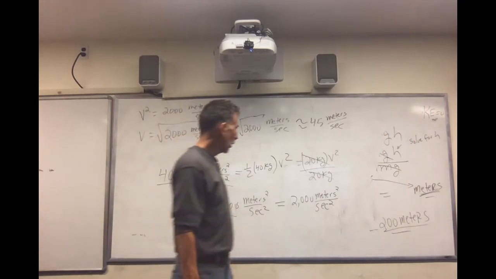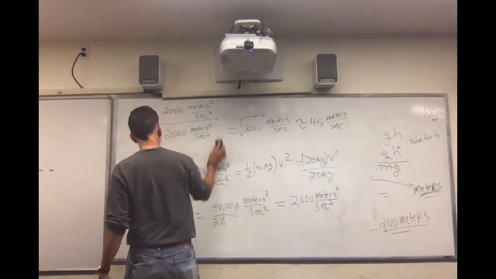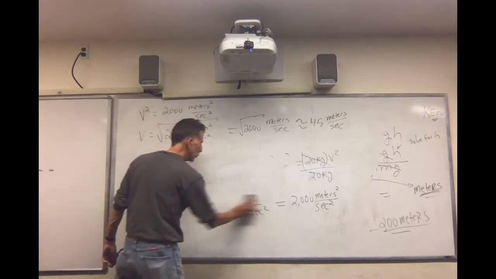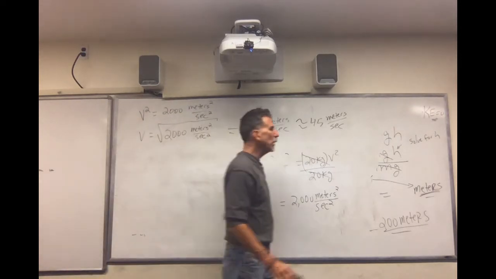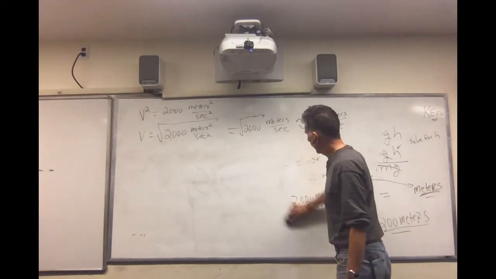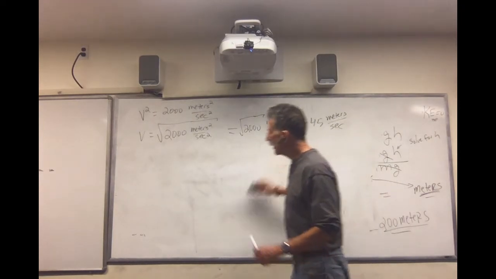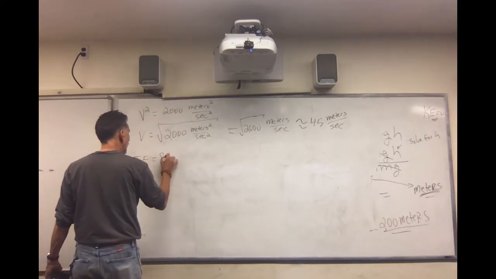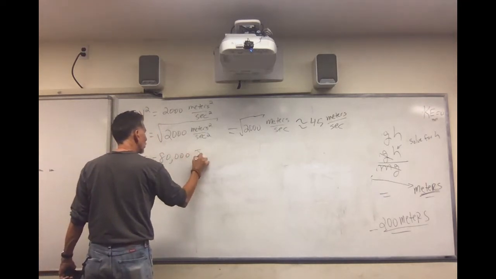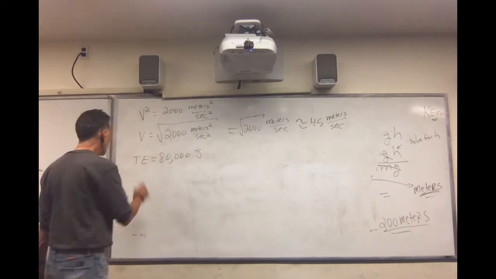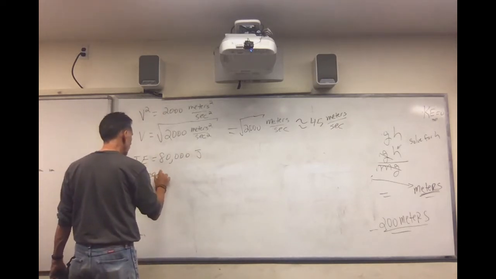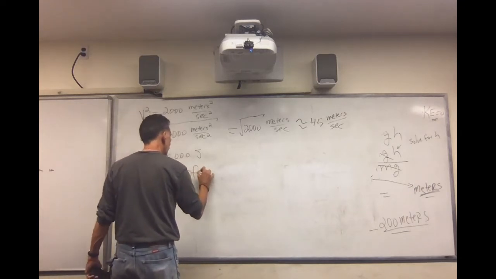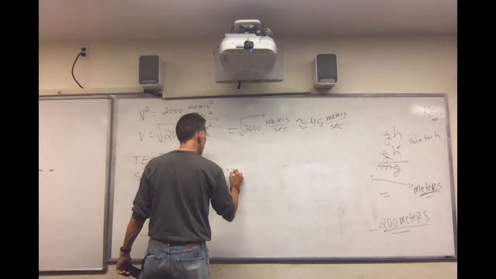Okay. One last thing. Again, listen to me. Remember I just said, what is the speed halfway down? Remember her total energy was 80,000 joules. So let's see, what's her speed when she's 3/4 of the way down?